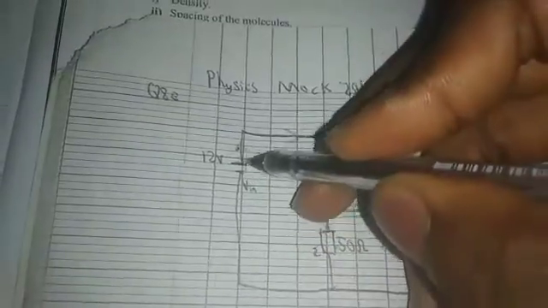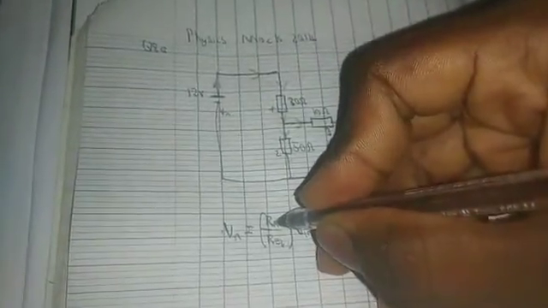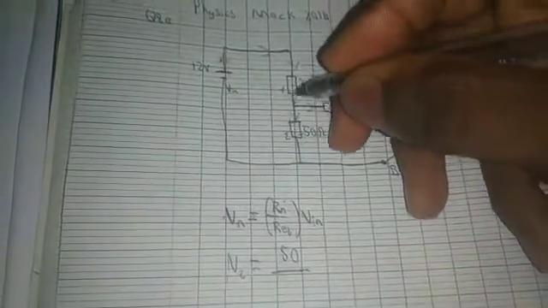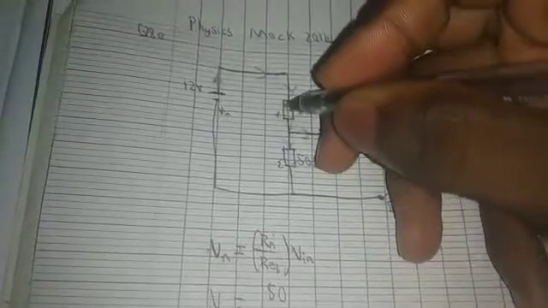Input voltage is this one, the voltage from the battery, from the source. So to get the voltage at V2, we need the resistance, the 50 ohm, divided by the total resistance. The total resistance in the circuit will be this one and this one, the two resistors inside the circuit.